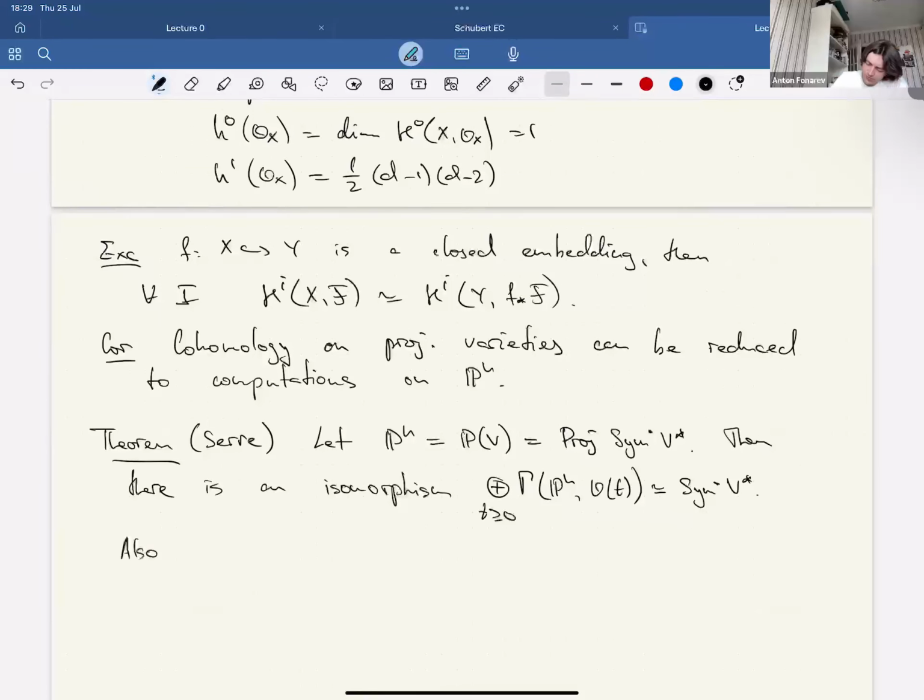Also, O of t, and let me be careful here, for 0 greater than t greater than minus n minus 1, are acyclic.